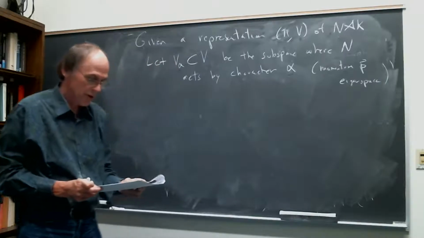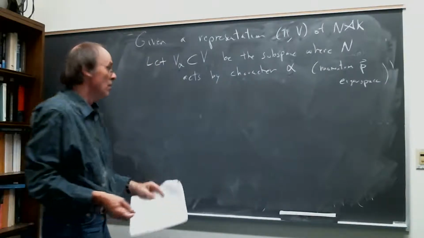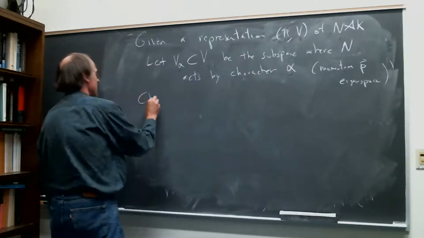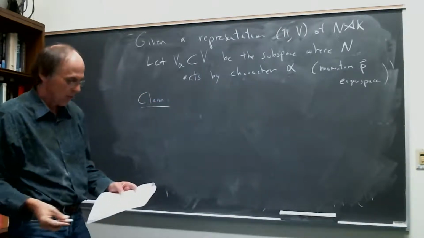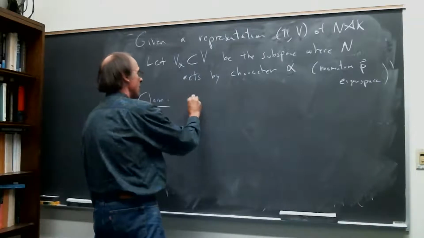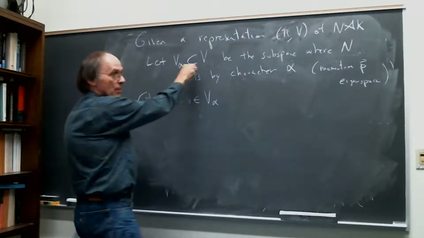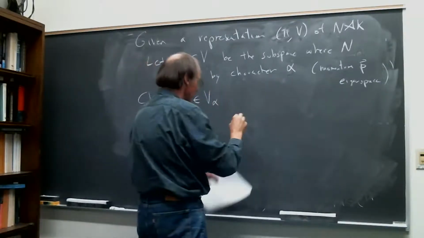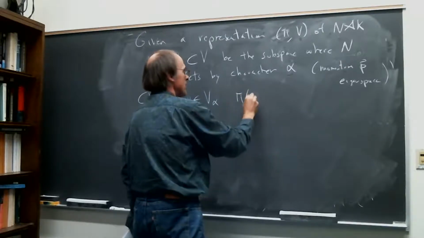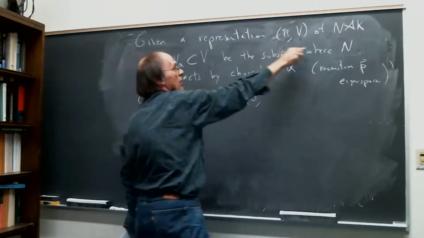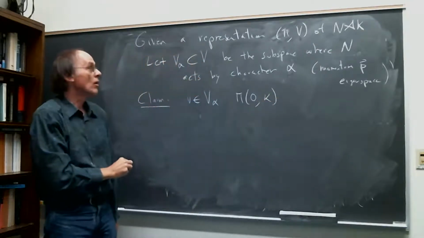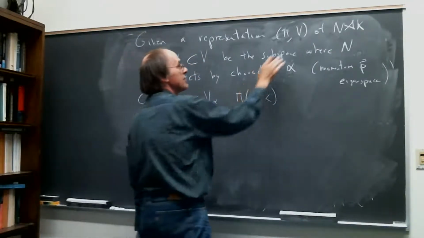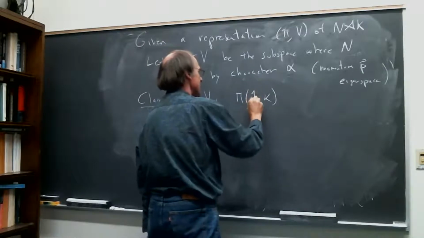Okay, then what we can do is, so claim, this is worked out in the notes, but I won't try to prove this here, is that if you start with something in this eigenspace, and then act with 0 here and k here, or maybe instead of 0, it might be better to think of this as the identity.